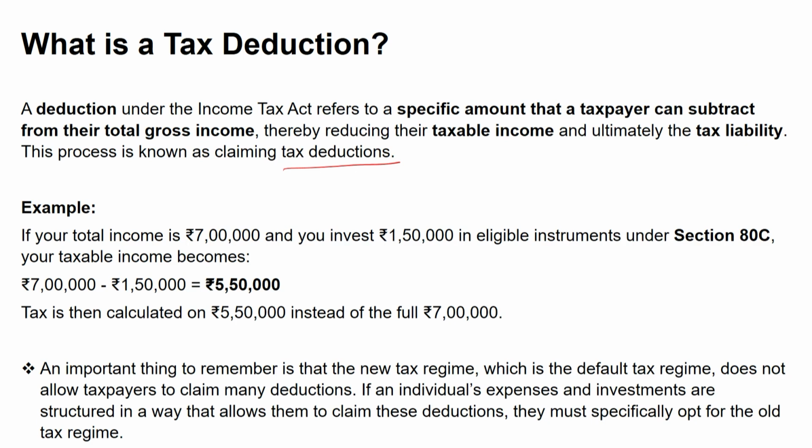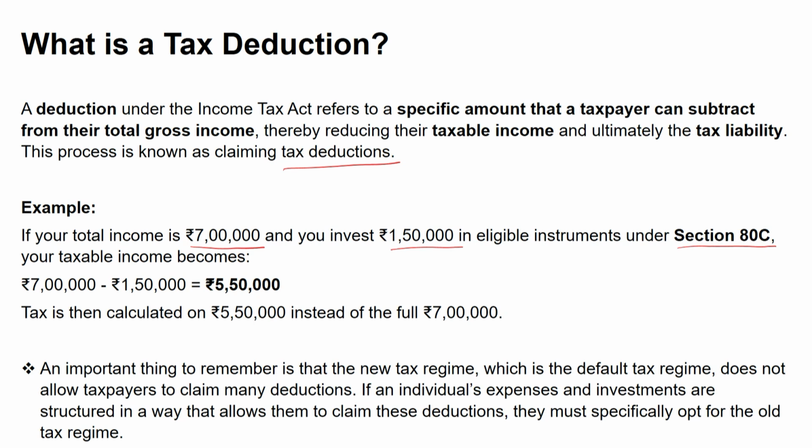So suppose your income is 7 lakh rupees and you invest rupees 1,50,000 in any eligible financial instrument covered under section 80C of the Income Tax Act, such as LIC, PPF, NSC certificates or mutual funds, or multiple other kinds of investment avenues.